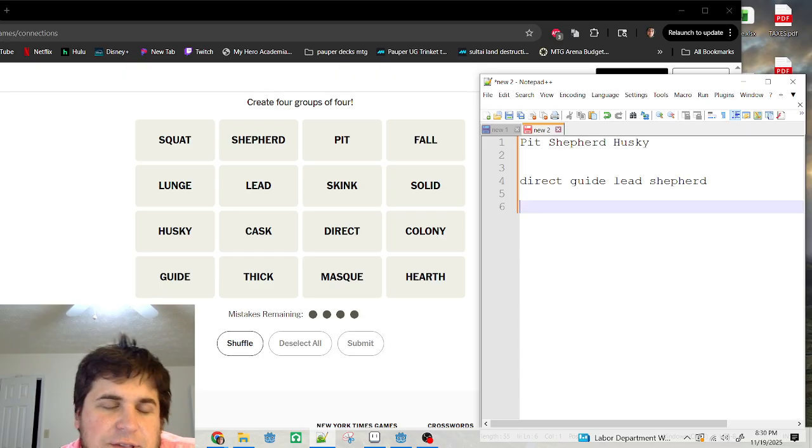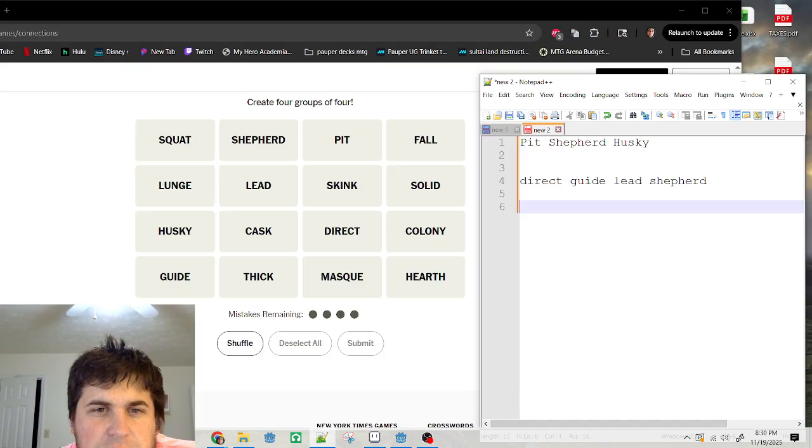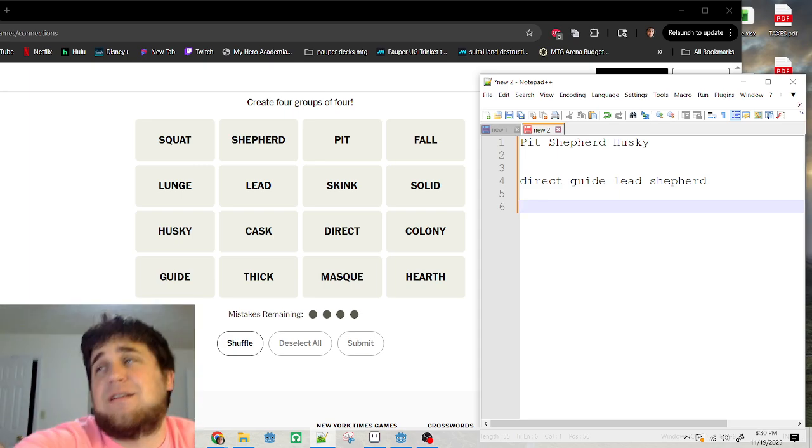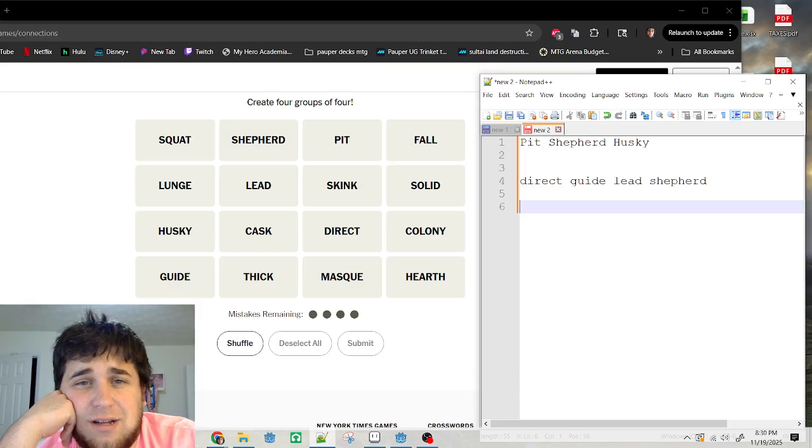I was thinking exercises with lunge and squat, but I'm not seeing that in the others. Okay. Hearth, colony... Colony. What would colony go with? You have an ant colony? An ant pit? That's not a thing.